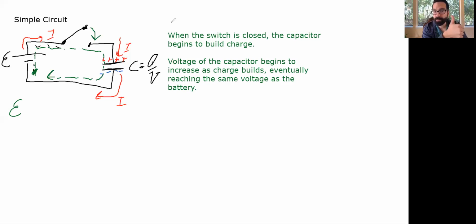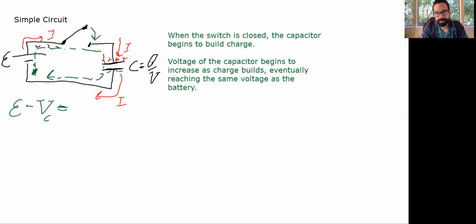Is my voltage going up or going down? Going from the positive side of the capacitor to the negative side is a decrease in voltage. So there's going to be a minus voltage from the capacitor, and that completes my loop.